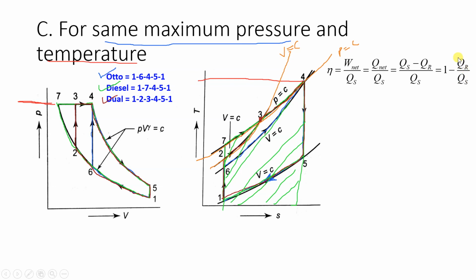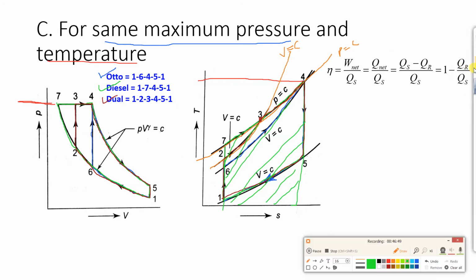With 1 minus a smaller value, we get a larger value of efficiency. And since the heat rejection, this numerator part, remains the same, 5 to 1, whichever cycle has the maximum heat supply value will have maximum efficiency.